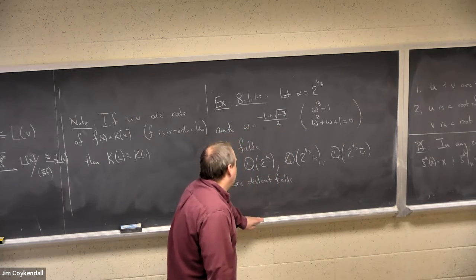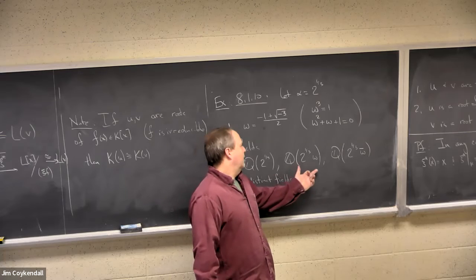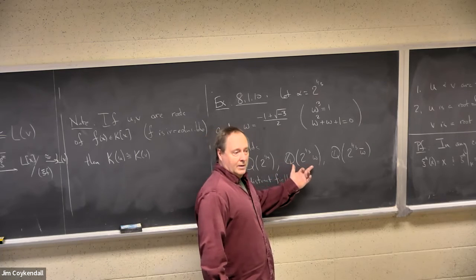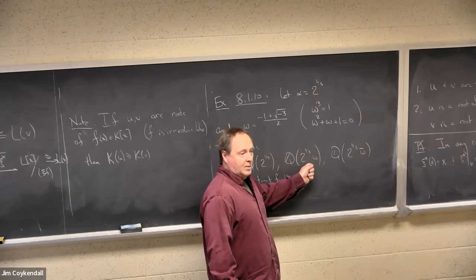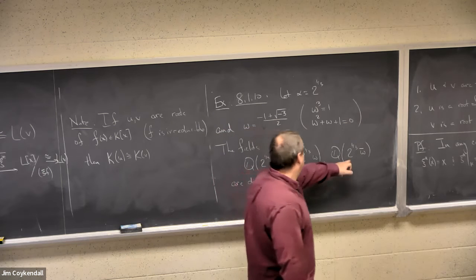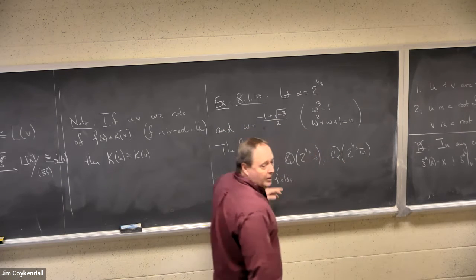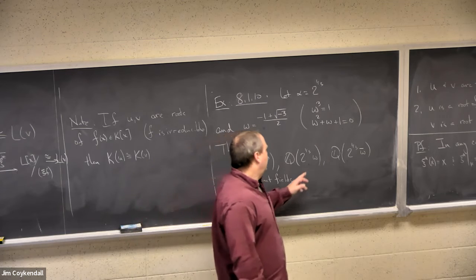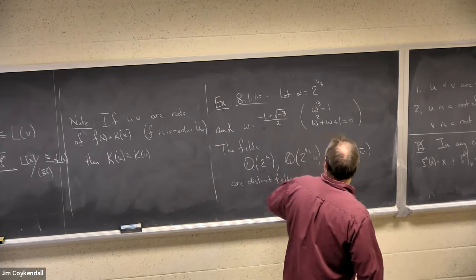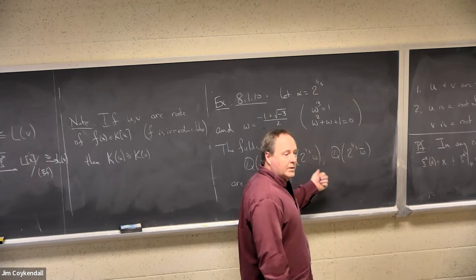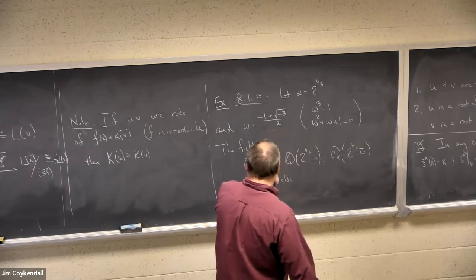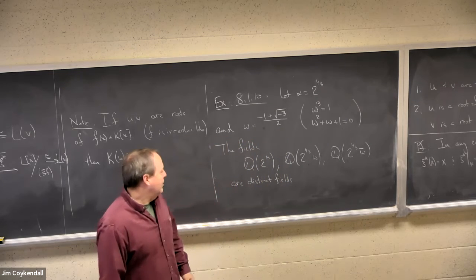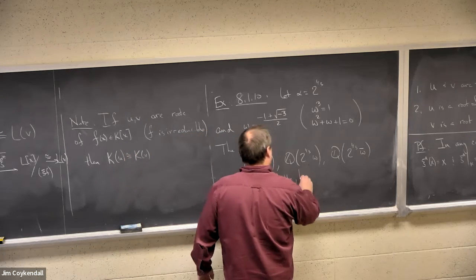Notice, for example, it's clear that these two are different because this one contains complex numbers that are not real, and this one's totally real. It's a subfield of the real numbers. And these two actually, notice that 2 to the 1/3 is not in either one of these, as a matter of fact. These are distinct fields, but are isomorphic.